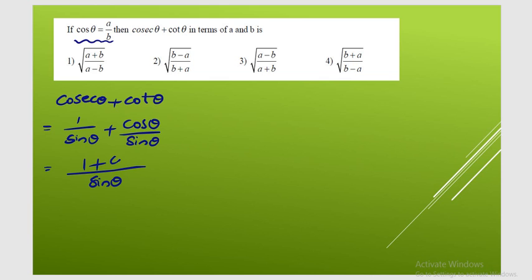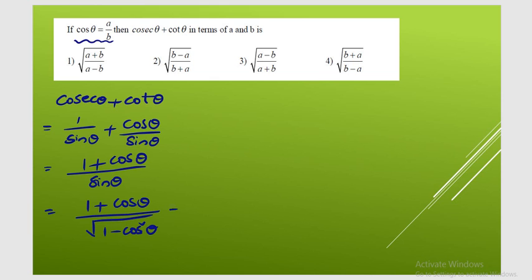The denominators contain sin theta, so sin theta is the LCM. Then from this I can write it as 1 plus cos theta by sin theta, and sin theta I can write as square root of 1 minus cos square theta, right?